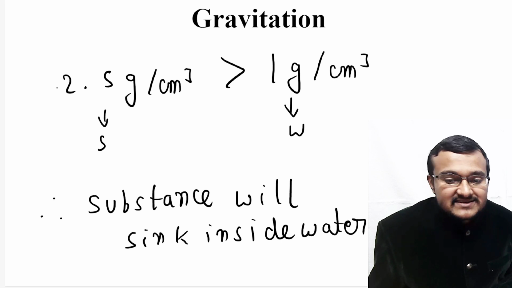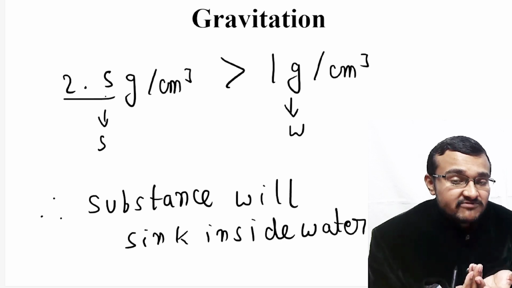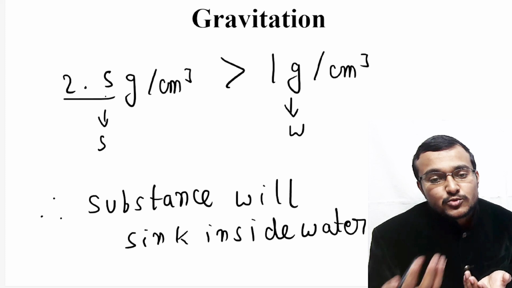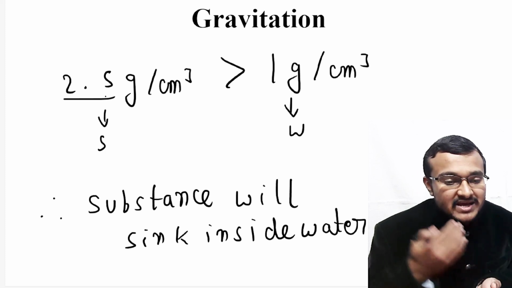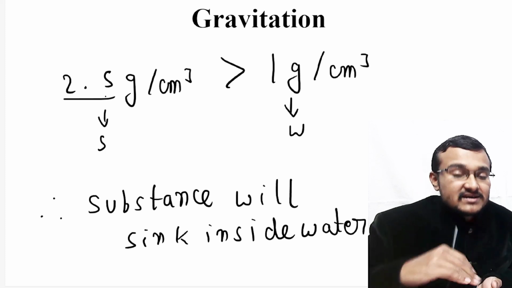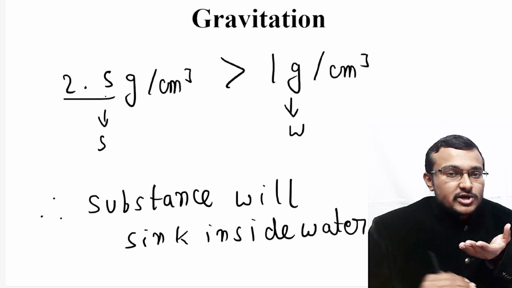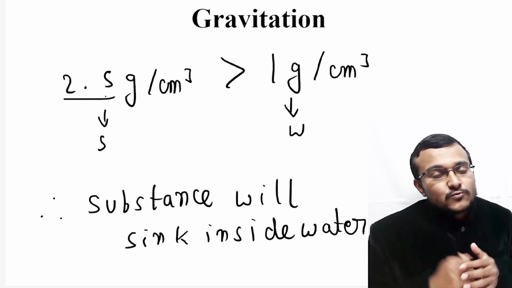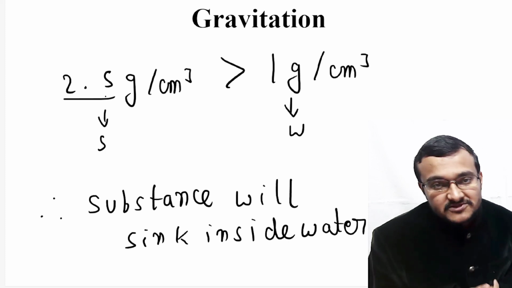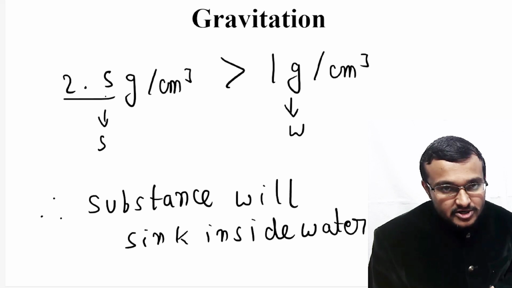You can clearly see the density of this substance is 2.5 gram per centimeter cube and the density of water is 1 gram per centimeter cube. Hence this substance will easily drown or sink inside the water and settle at the bottom surface of the container which contains water.